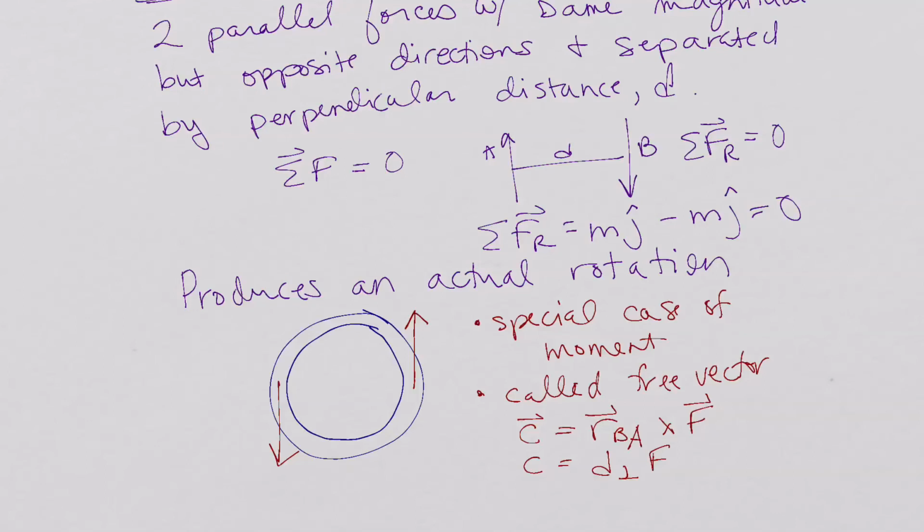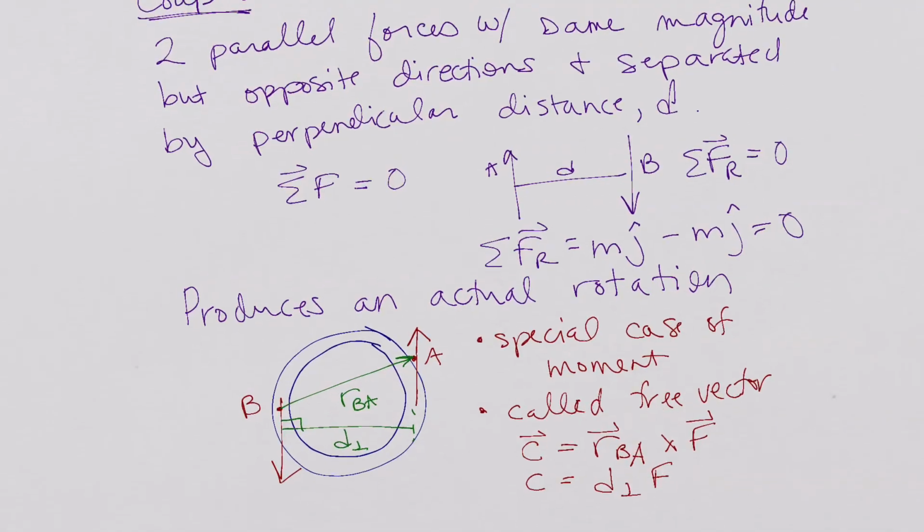So if we say this is point B, this is point A, this would be R of B to A, and this here would be that perpendicular distance, because that does need to be in a certain direction. So that's perpendicular right there, and that's the two forces. So that's just a special case, and they're called couples.